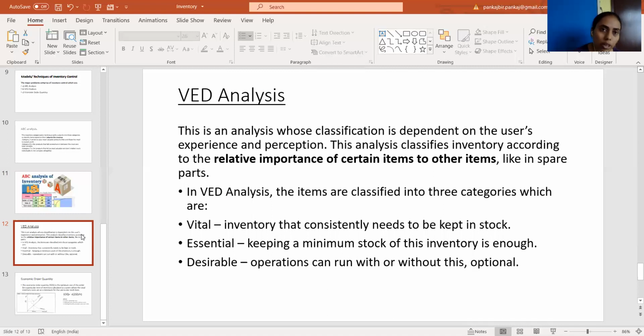With this classification method, you can classify your spare parts, or sometimes you can classify the finished goods as well.